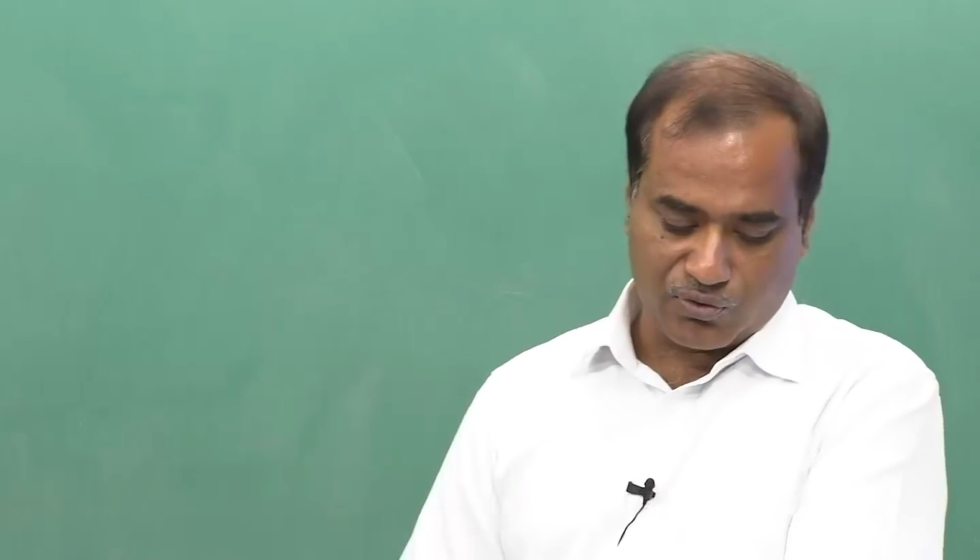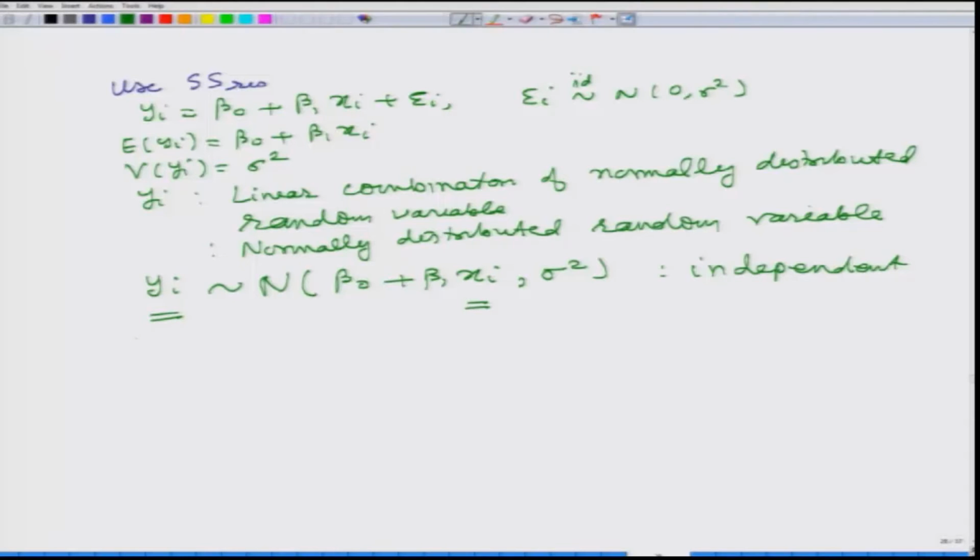So, in case I try to use this thing, this sum of squares due to residual, if you try to see, this is nothing but the sum of squares of normal random variables. So, I can write down here that SS residual divided by sigma square will follow a chi-square with n minus 2 degrees of freedom.